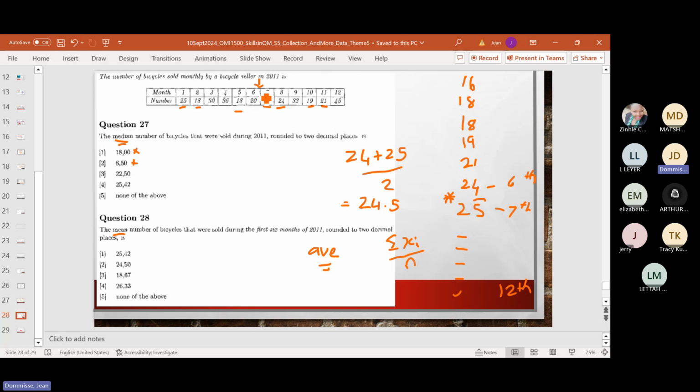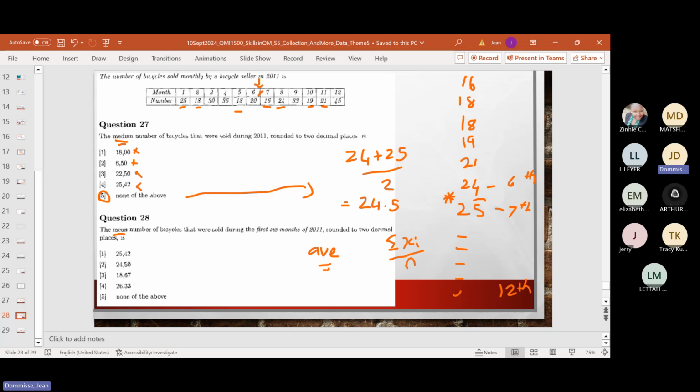Okay, 6.5 was actually the position we're referencing. Not 22.5. So none of these is actually correct. Our answer would be 24.5. That is how we work out the median.